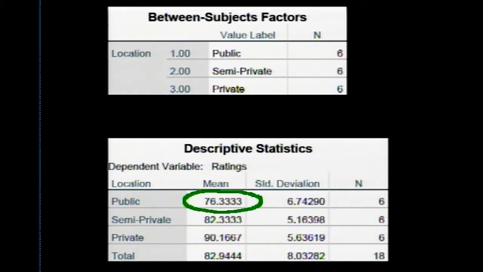So our results show that there are significantly higher ratings for those who engage in mediation in a private setting compared to those who mediate in a public setting. And so based on our results, we can say that they are significantly different. And the reason we can do that is that we actually ran the test to make that determination.